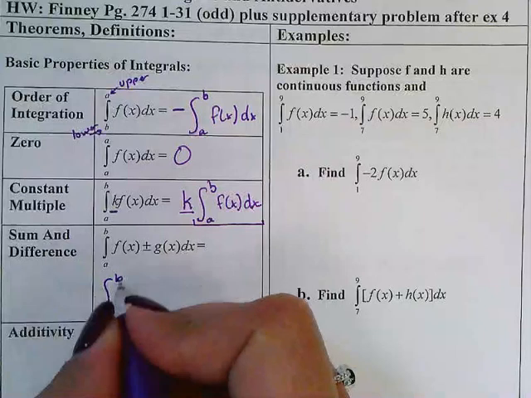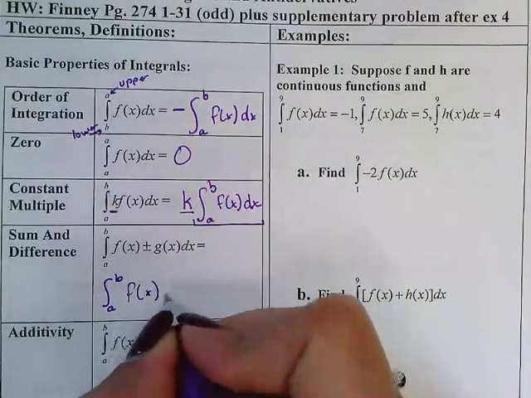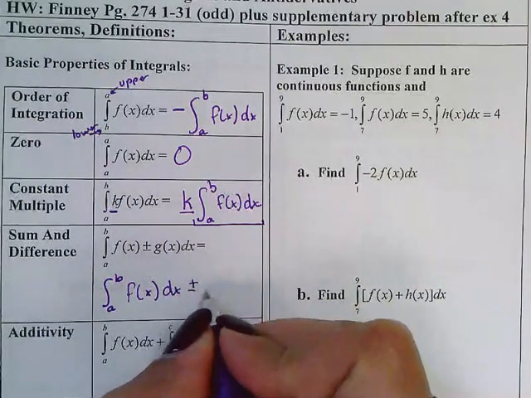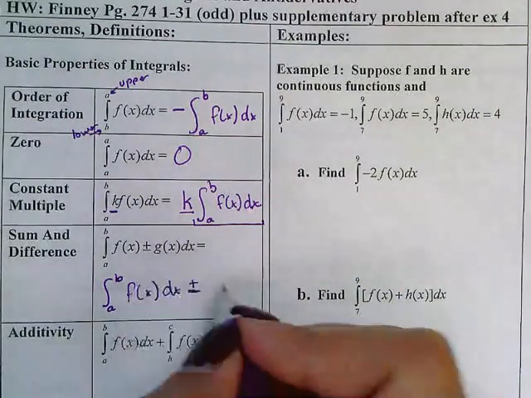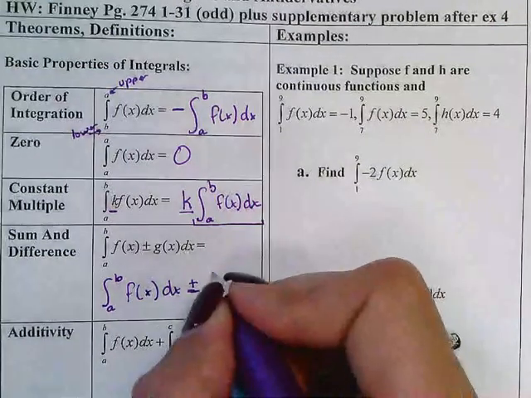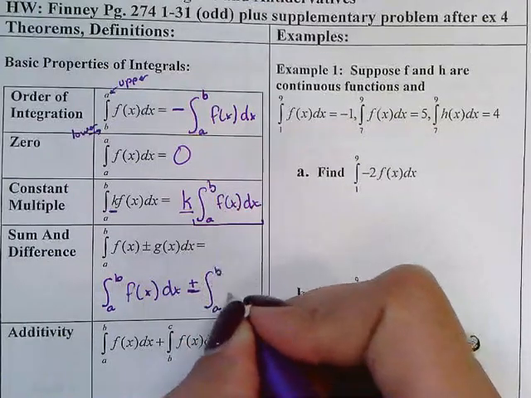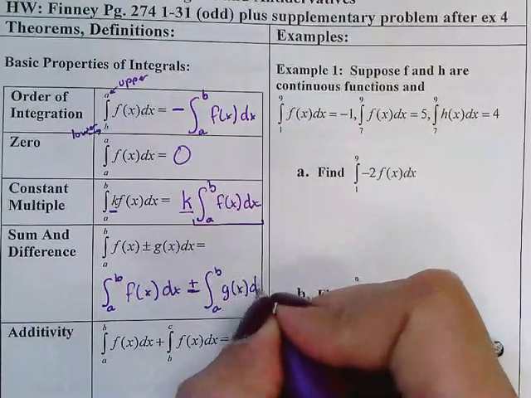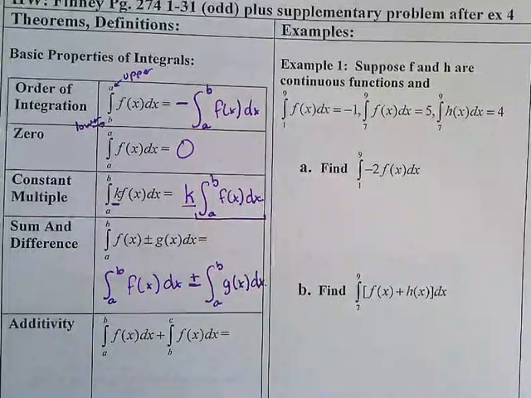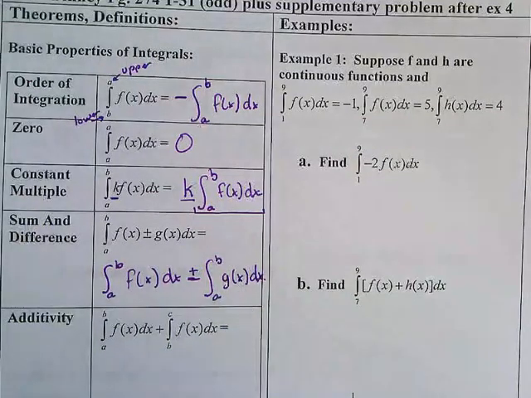The limits, the bounds, don't change, and you just separate f of x dx, so you find the integral of f of x, plus or minus, depending on whether it's a sum or difference problem, the integral from a to b of g of x dx. So sometimes it's easier to split these up and find the antiderivatives separately.